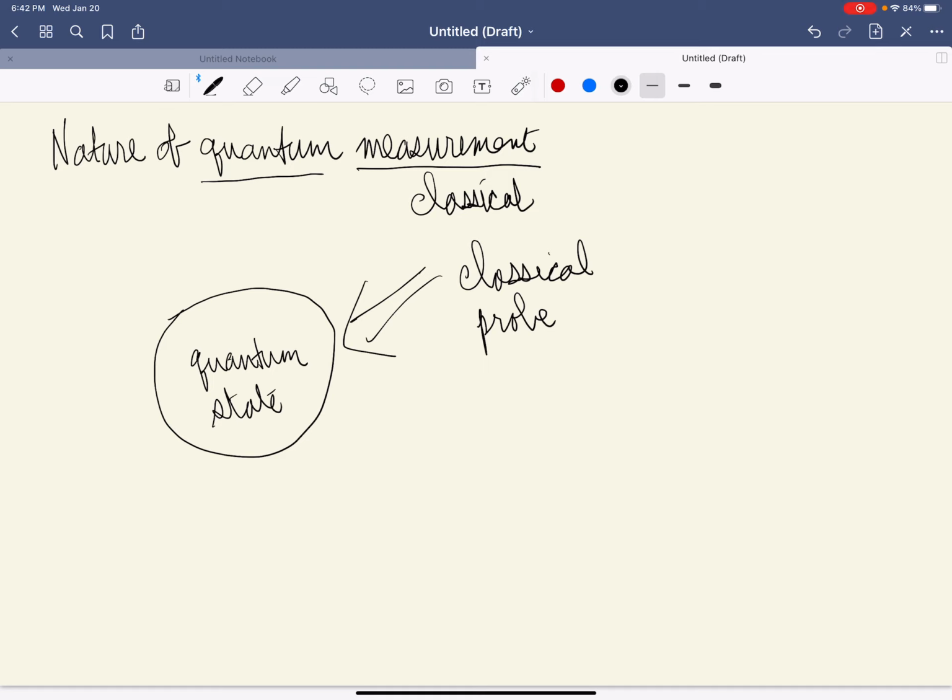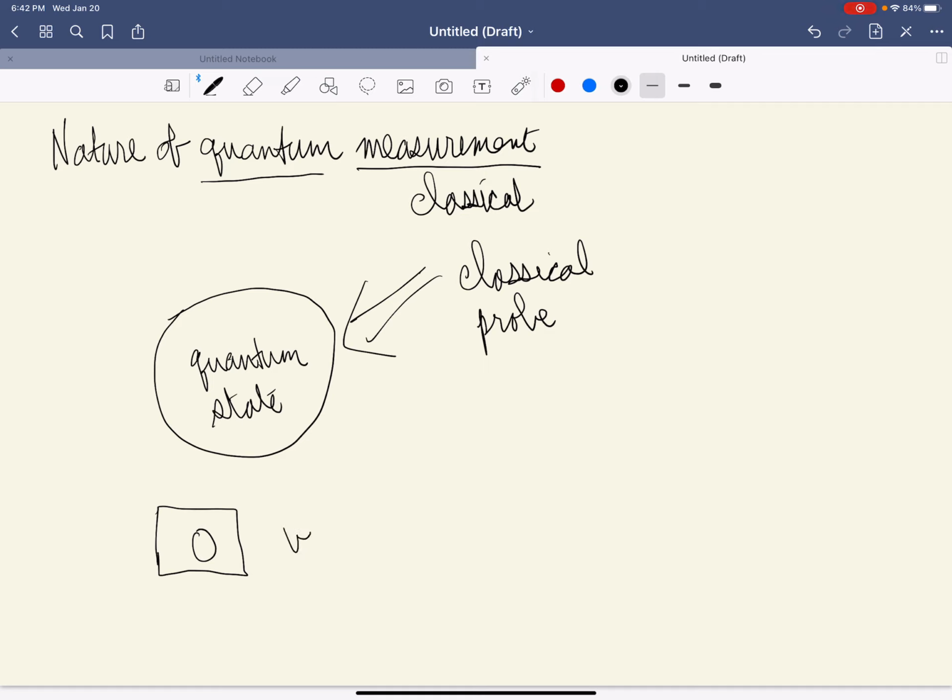Okay, so let's say I have some sort of bit that's in a state zero, and the way I can be certain that this bit in a computing processor is in a state of zero is by, for example, measuring the voltage on this particular piece of bit.